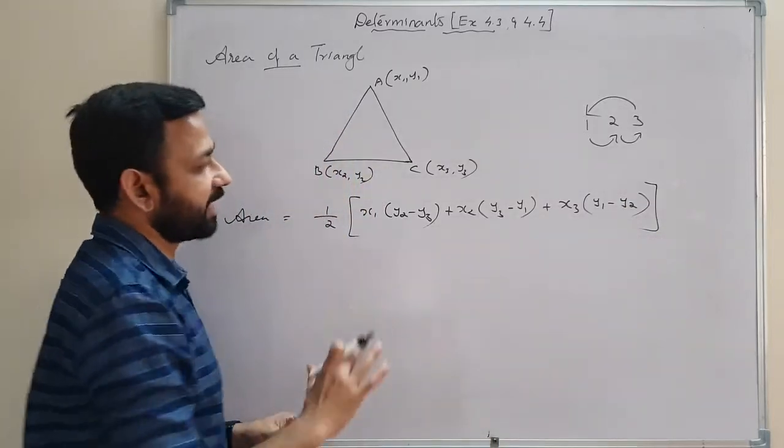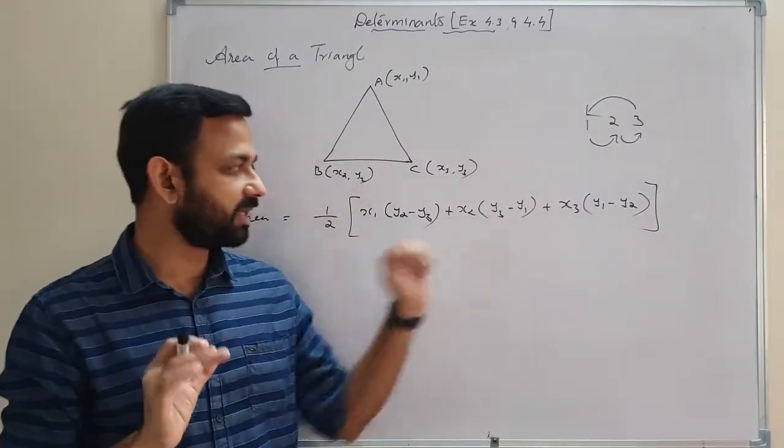So that is the area of the triangle. We take only the positive value because area cannot be negative.